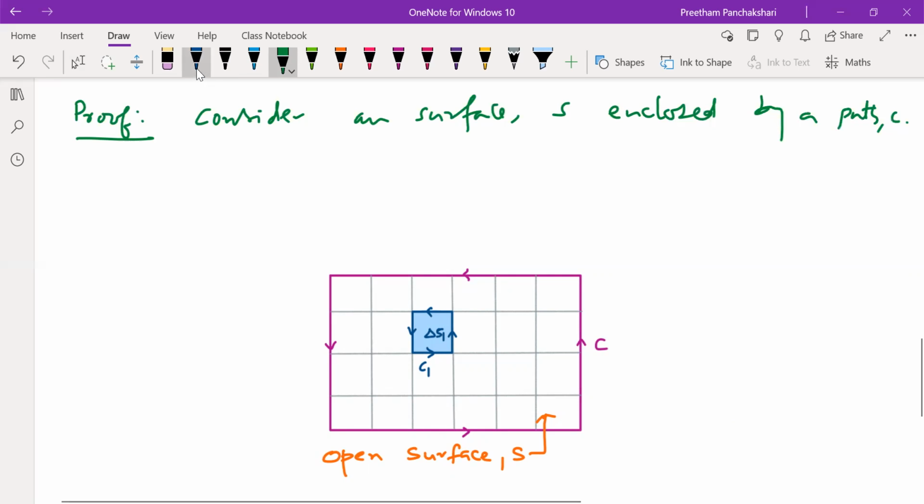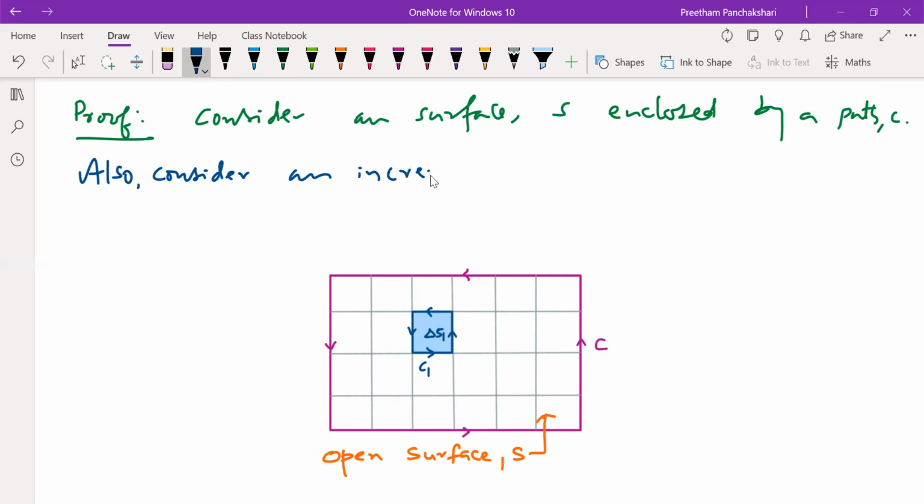Okay. So now we shall also consider an incremental surface. Why is an incremental surface required? Because we have to introduce the curl of the vector field. So curl is defined with respect to a point. That's why we start with an incremental surface of area delta S on the surface S. We have the surface S already.